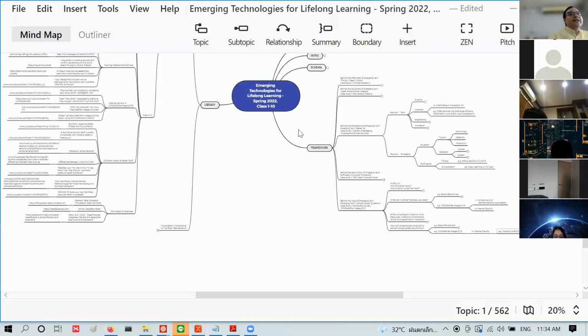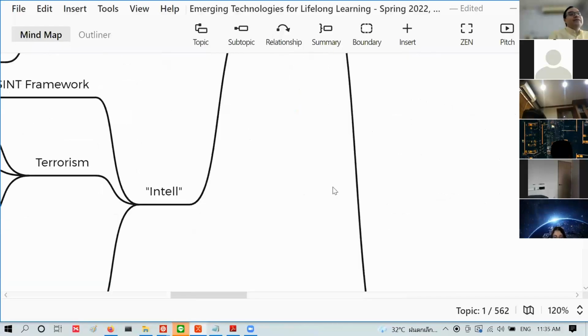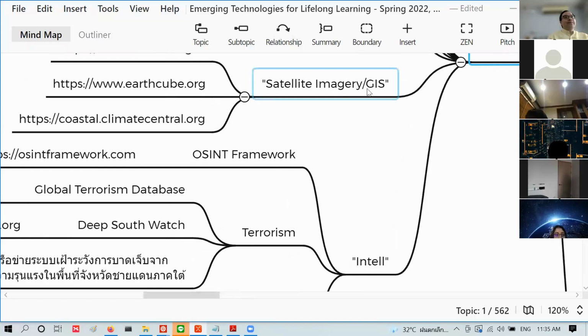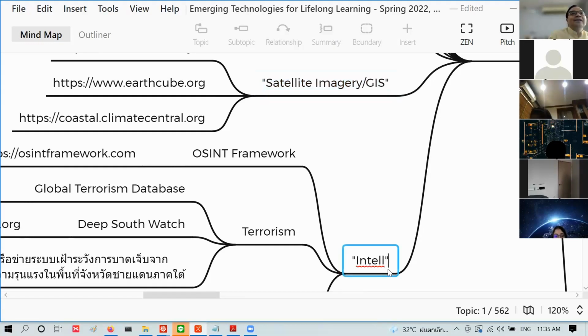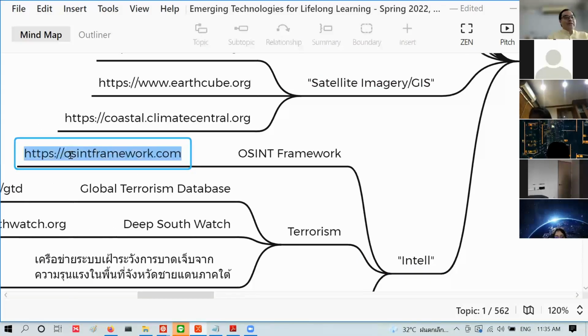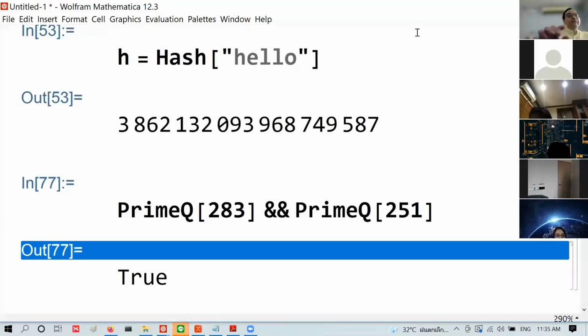I'm going to give this as a resource. Two things I'm going to talk about: one, satellite imagery, and the other one is intelligence. With intelligence, we talk about the OSINT framework. Let's just put this up on the screen.